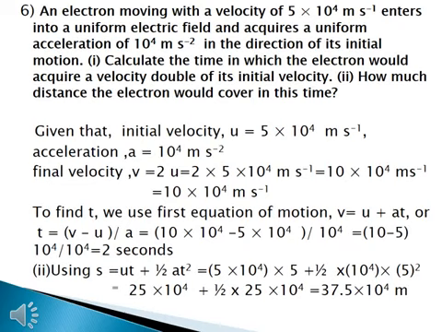Calculate, first, the time in which the electron would acquire a velocity double of its initial velocity, and second, the distance the electron would cover in this time.